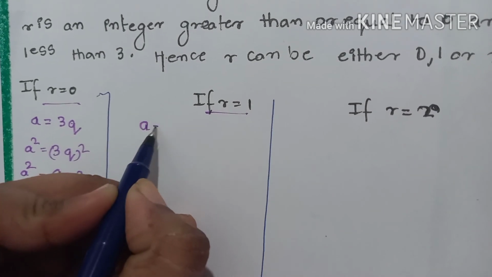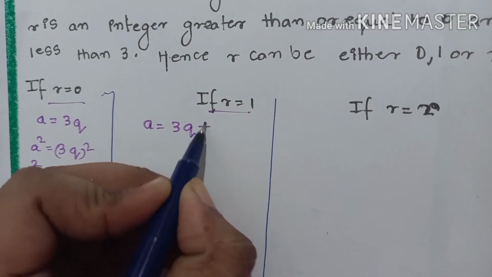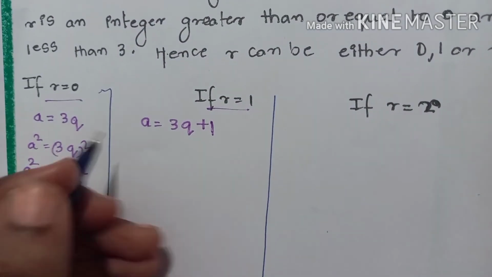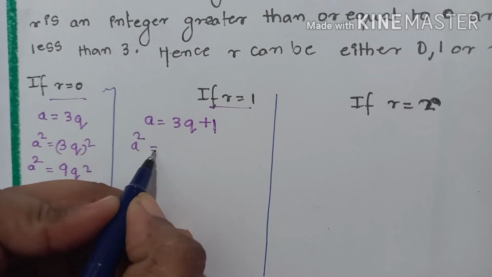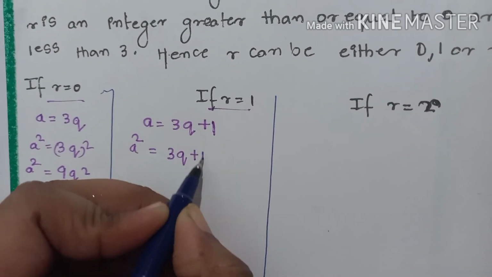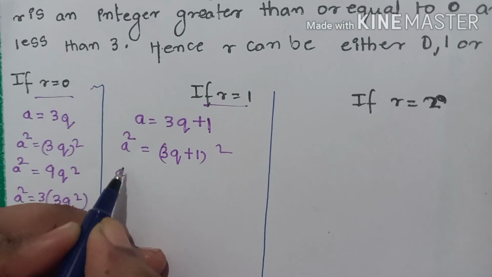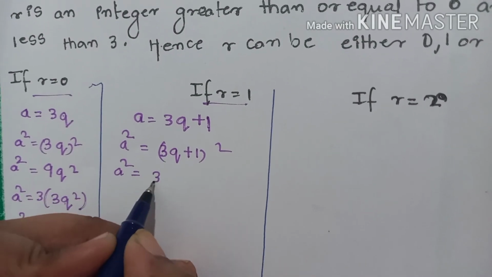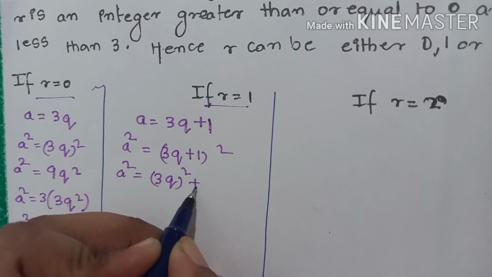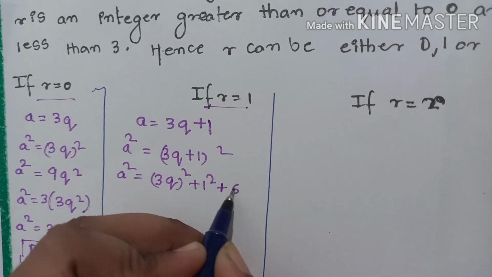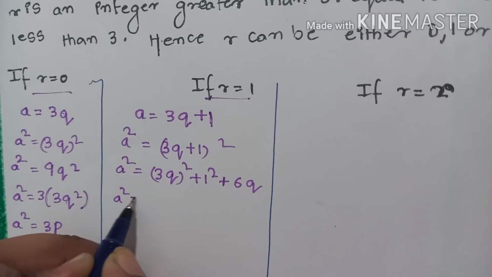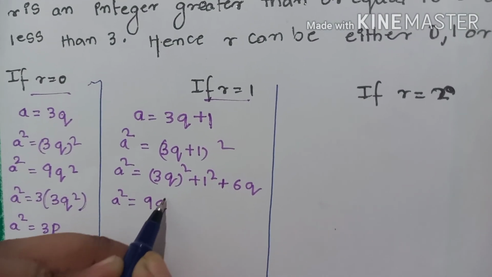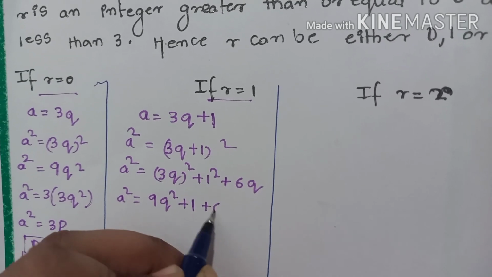Now next, if r is equal to 1, adding 1 to the number, a is equal to 3q plus 1. Now same, squaring on both sides, a square is equal to 3q plus 1 whole square, that is a square is equal to 3q whole square plus 1 square plus 6q. A square is equal to 9q square plus 1 plus 6q.